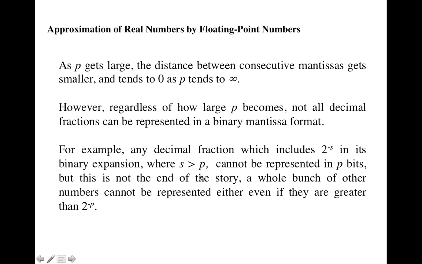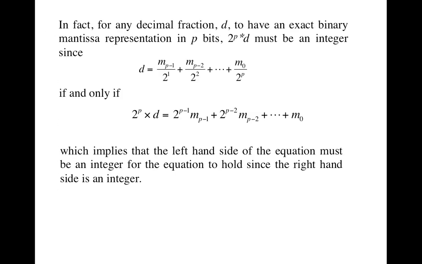Anything beyond 2 to the minus p would be excluded from the representation. And so there's a whole bunch of numbers that cannot be represented in a p-bit representation, but it is actually somewhat more special than that, and this is what this discussion is going to lead us to.